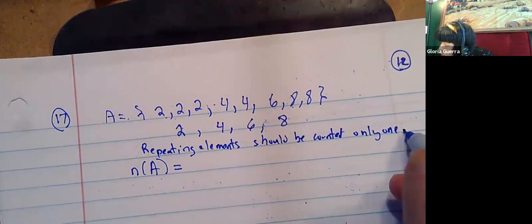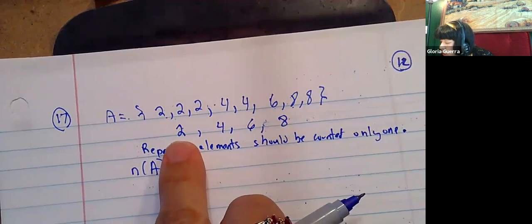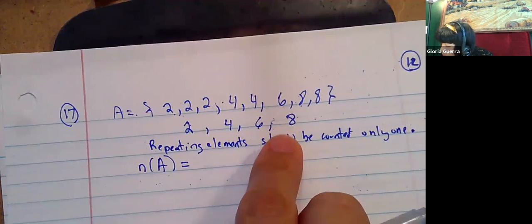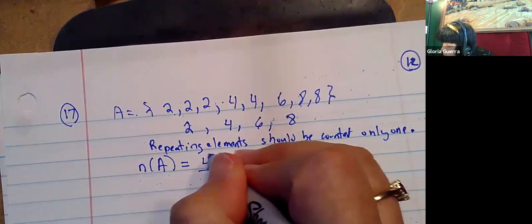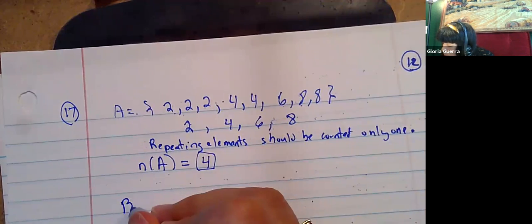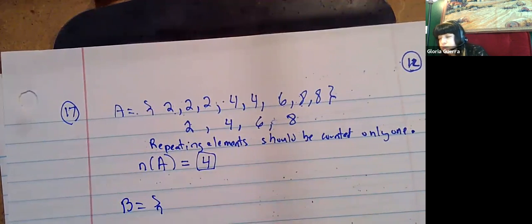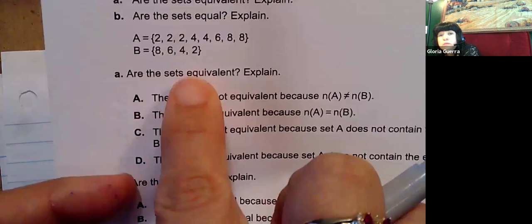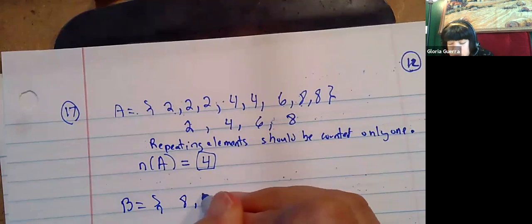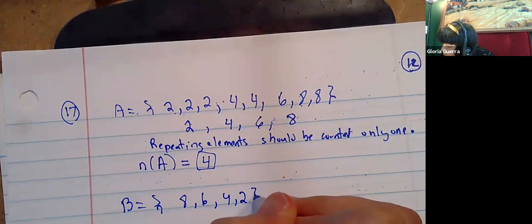Okay. So when I do my cardinality, I say 1, 2, 3, 4. Okay, now let me look at B. B was this. 8, 6, 4, 2.